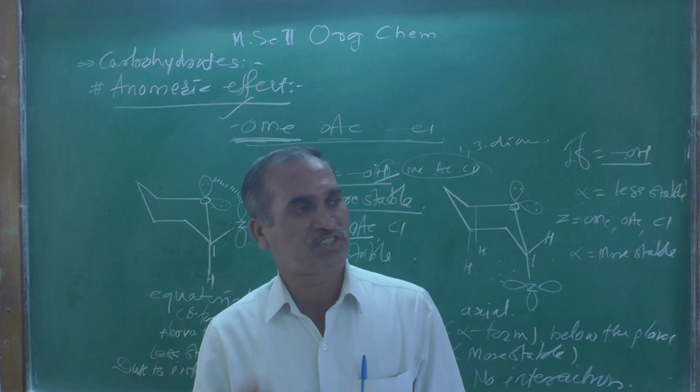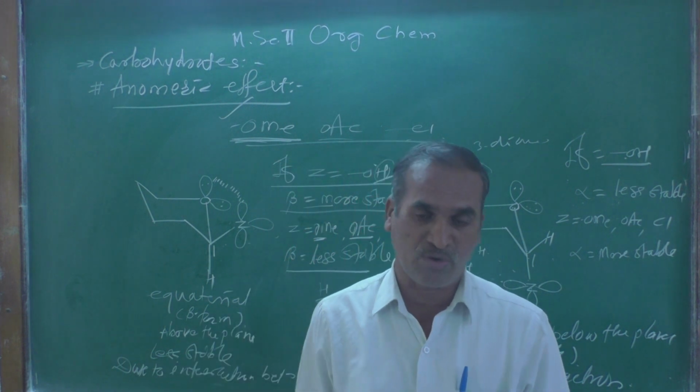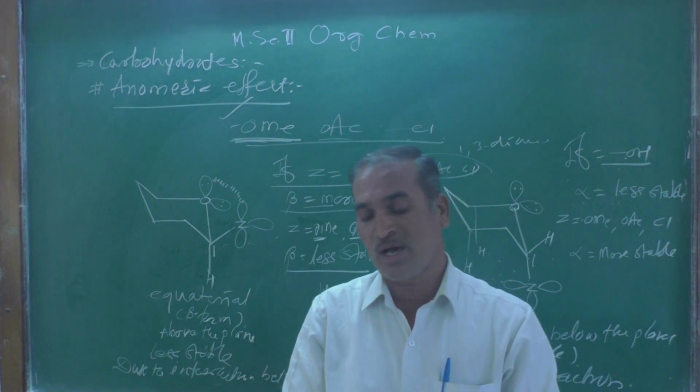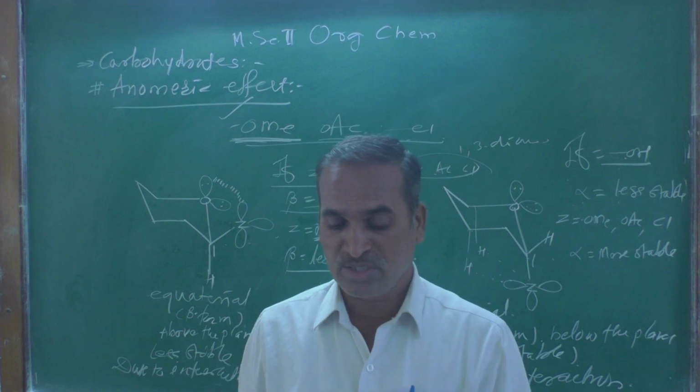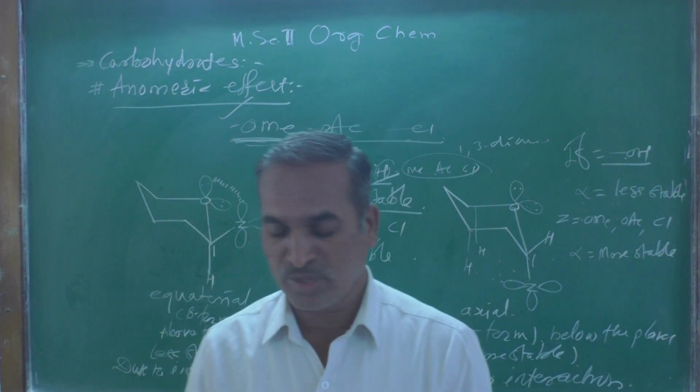They create a lot of steric interaction, and due to that the stability of the beta form is less as compared to the alpha form.